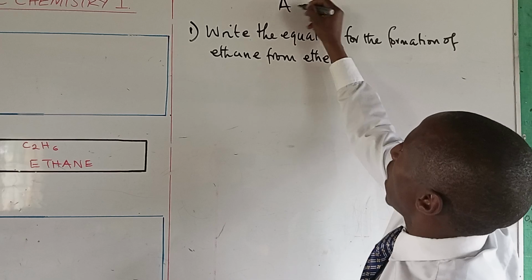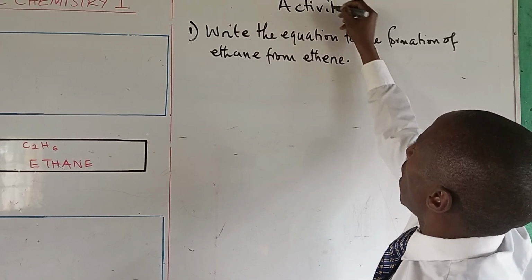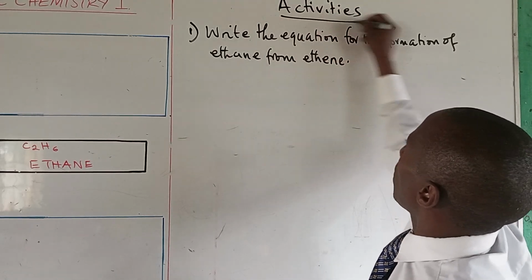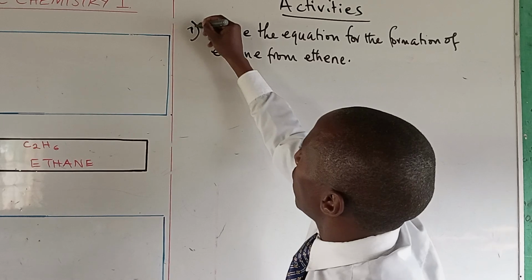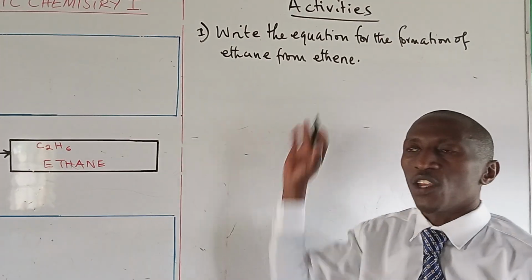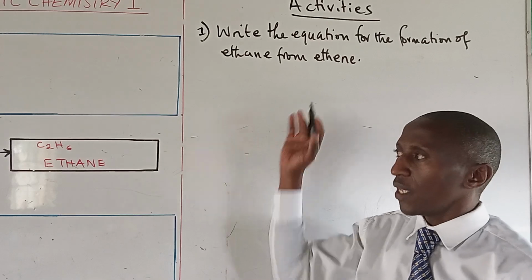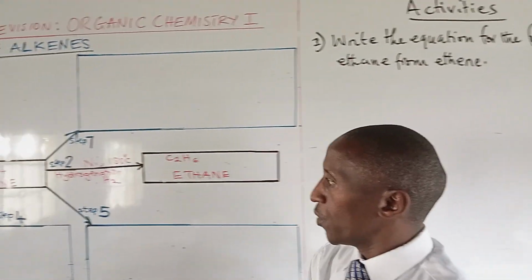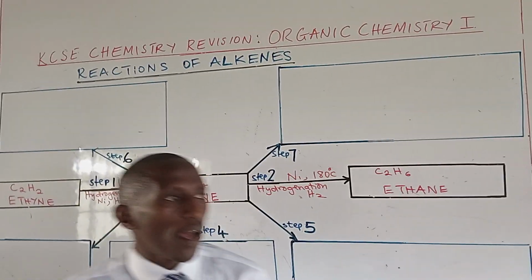So this is our activities board, and activity number 1 is you write that equation, and during the live section you will report on that one. Let's move on to step number 3.